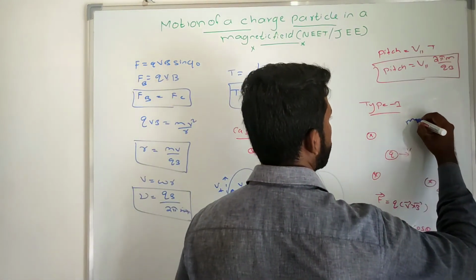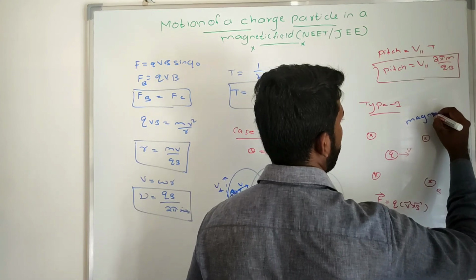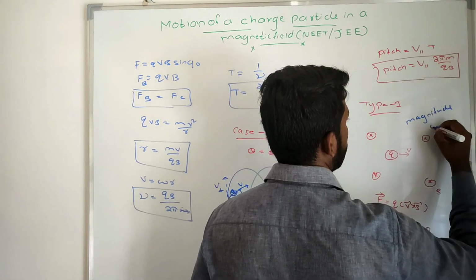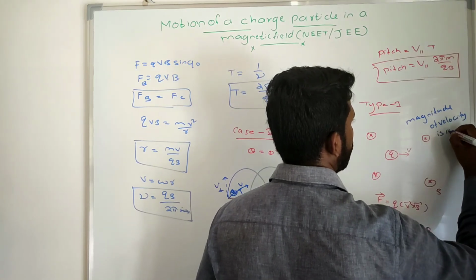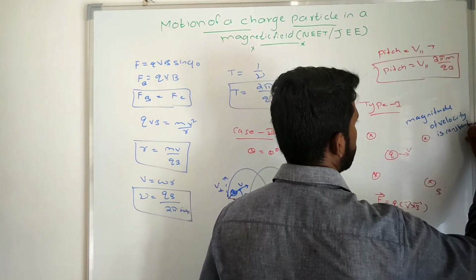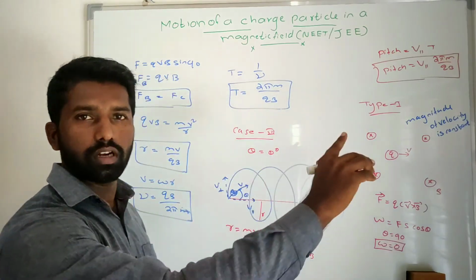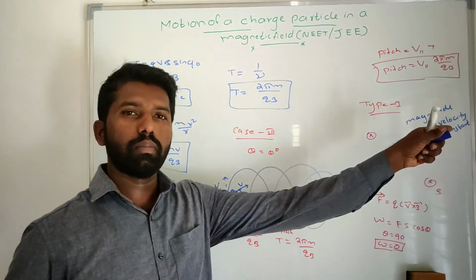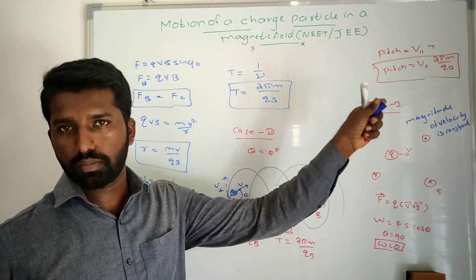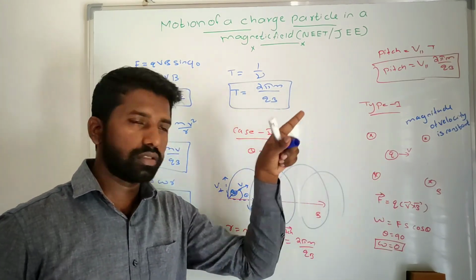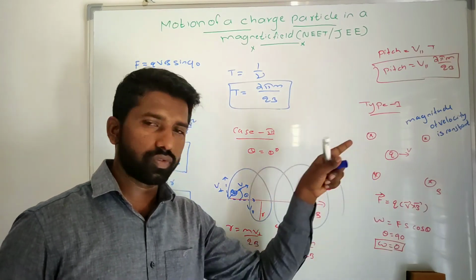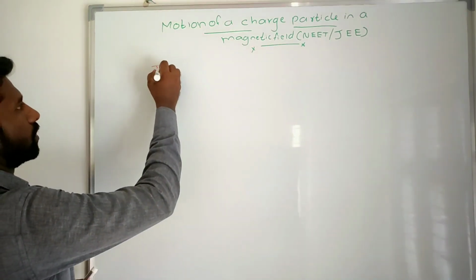So the magnitude of velocity is constant. Okay, so when a charged particle moves in a magnetic field, the magnitude of velocity is constant, but the direction can change because of this magnetic force. Now type 2.